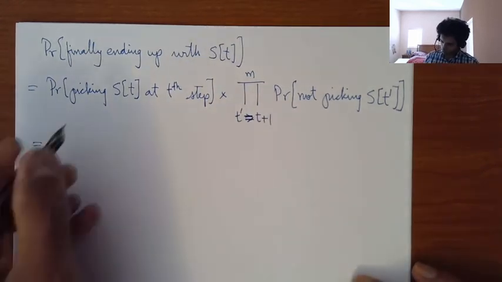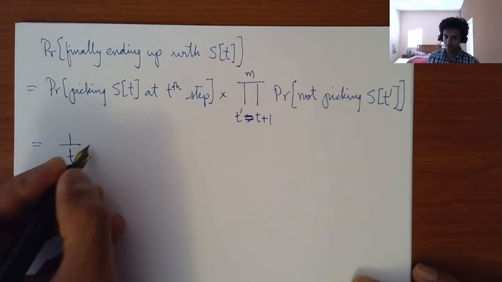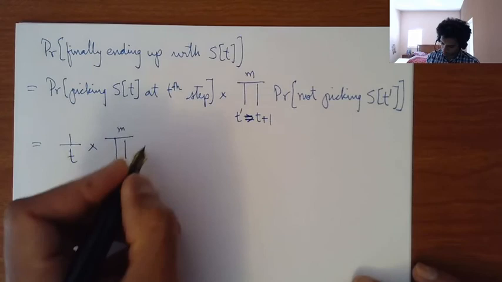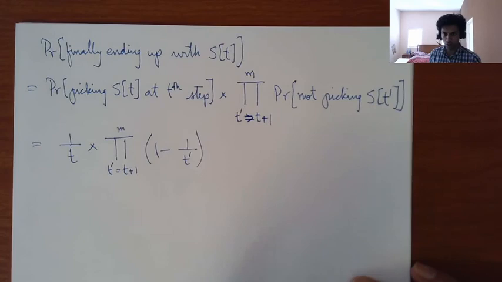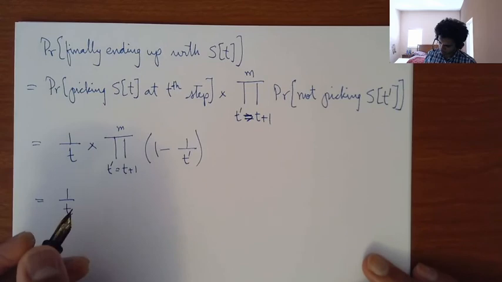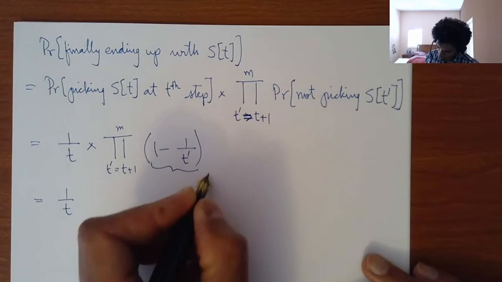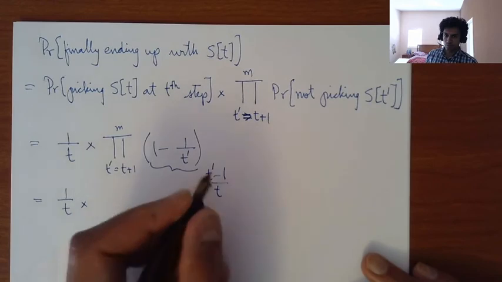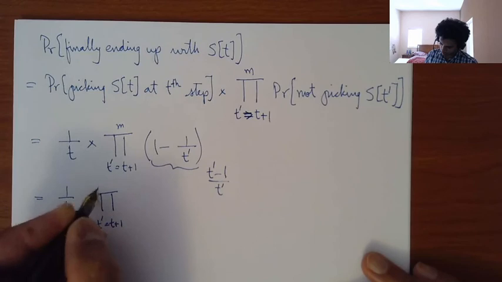So let's write this out. What is the probability of picking this element at the tth step? It's 1 over t times the product, t prime going from t plus 1 to m, of 1 minus 1 over t prime. Right? Because you have to pick it at this step and not pick at the subsequent steps. So 1 over t times, and I'm just going to write this as t prime minus 1 divided by t prime, the product of t prime going from t plus 1 to m.